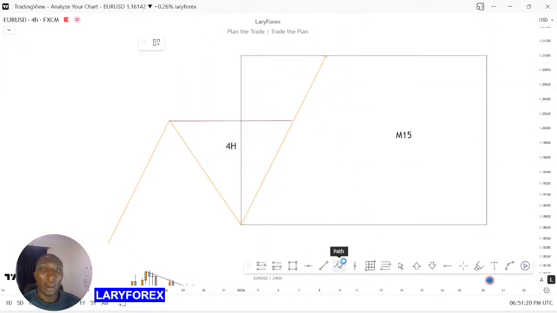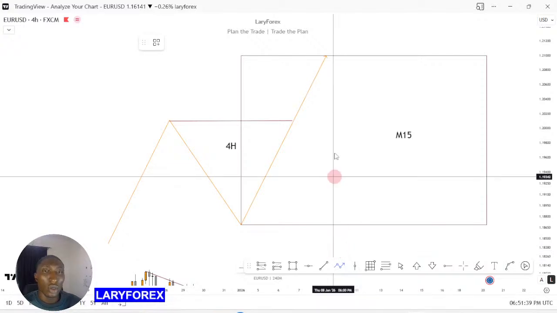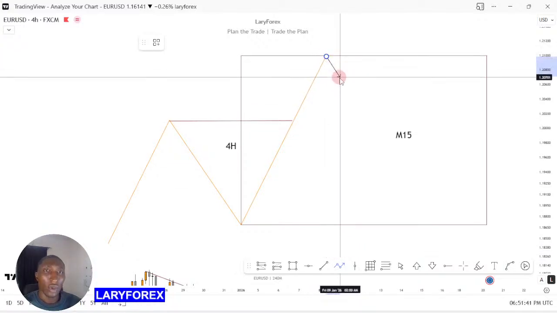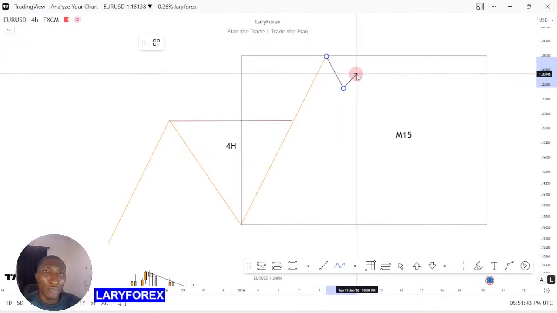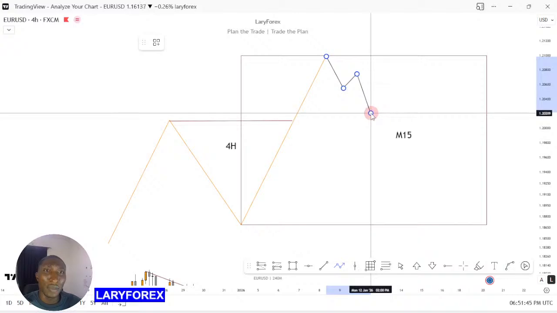Now this external structure, you can see the external structure range, is our 4 hours. Are you guys following? Now the internal structure is our 15 minutes. What will the internal structure look like? The internal structure right now will look something like this. You start seeing a bearish trend on the 15 minutes time frame.